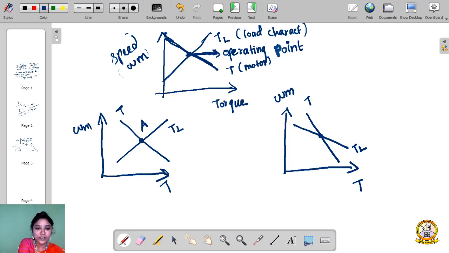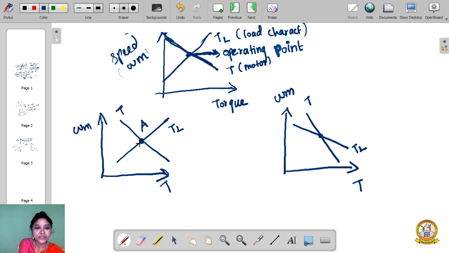So how can we check? You have to make some disturbance. If you make some disturbance, it should be able to return to the original point. So we can make a change in speed. In the first case, I am going to increase the speed.